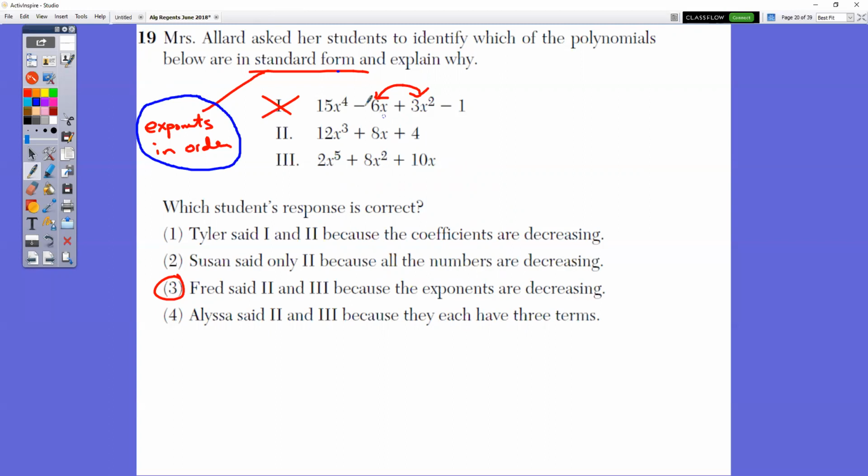You have to take a look at your exponents. 1 is not correct because this would have an exponent of 1. This has an exponent of 2. So these are in the wrong spots. Our plain one without the exponent comes last all the time. This one is in order. We have 3, then 1, then nothing. This one is in order, 5, 2, 1. So the 2 that are correct are choices 2 and 3, which is choice 3, because the exponents are decreasing as you go from left to right.